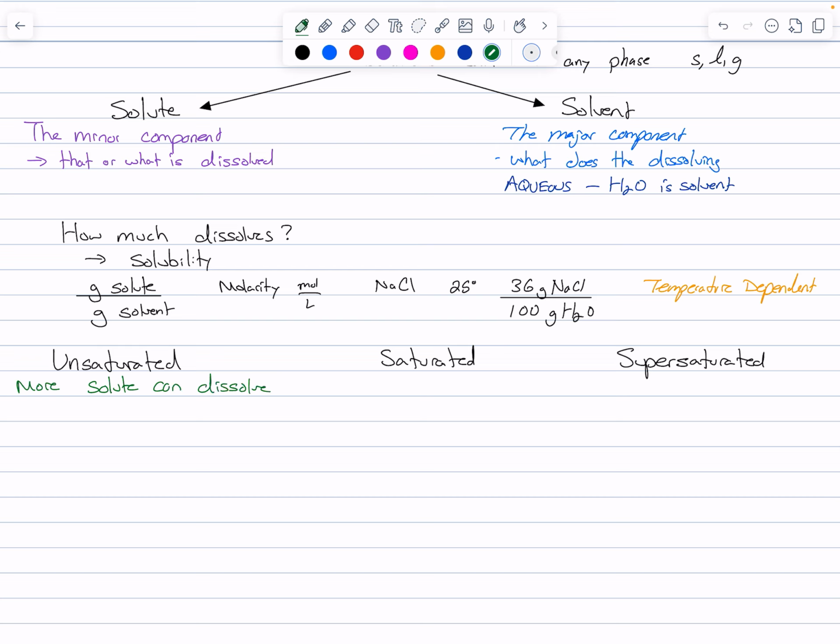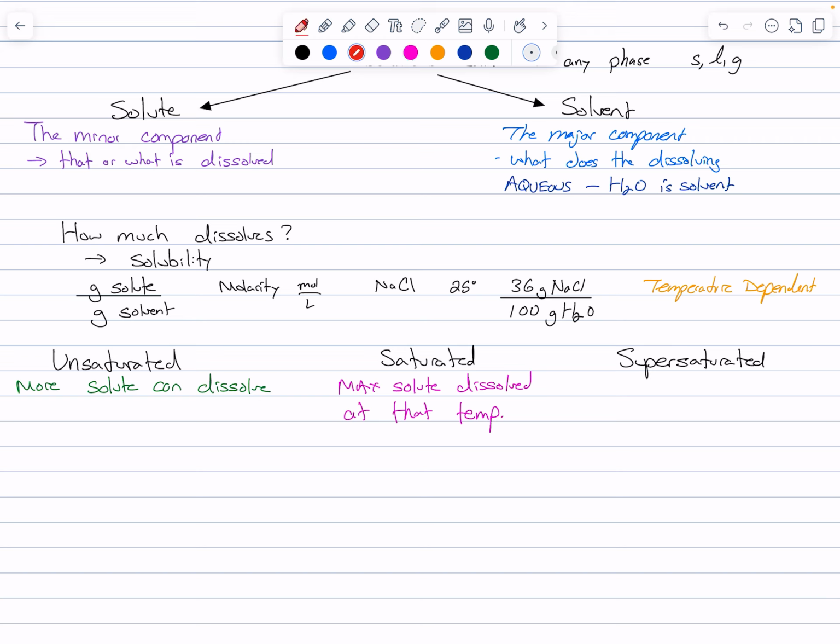If we are saturated, right? That's the maximum amount of solute, right, is dissolved at that temperature.